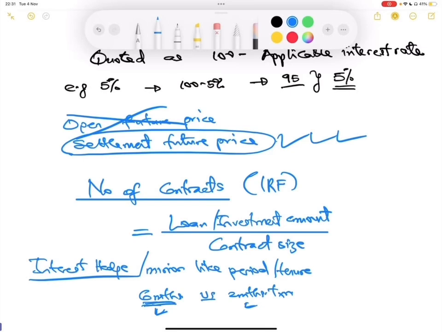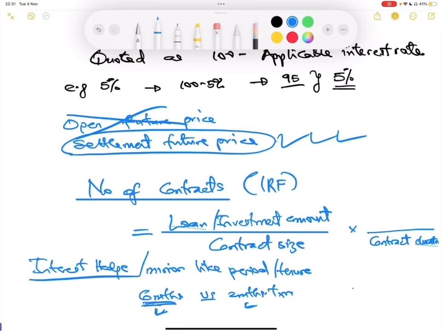So which means the best thing to do is to always divide the results by the contract duration so that you have the number of contracts for one duration, and whatever the duration of your transaction is, then you can multiply by that.